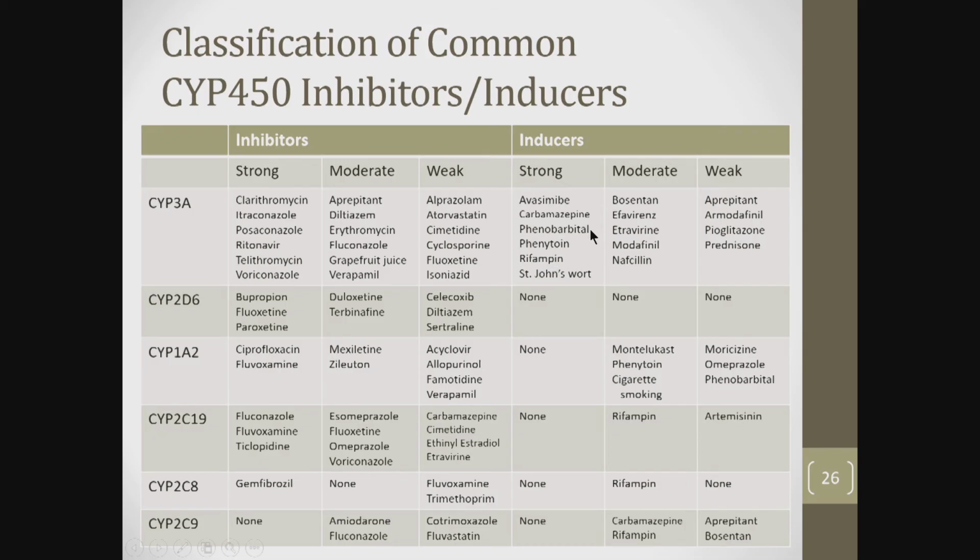Carbamazepine and phenobarb are also strong inducers that are often used in drug interaction studies. And the herbal, St. John's wort, is also a strong enzyme inducer. We also have moderate enzyme inducers and inhibitors, which can or cannot be clinically relevant depending on the drug in question. And we generally think of weak inhibitors and weak inducers as not being so clinically relevant in drug interactions.